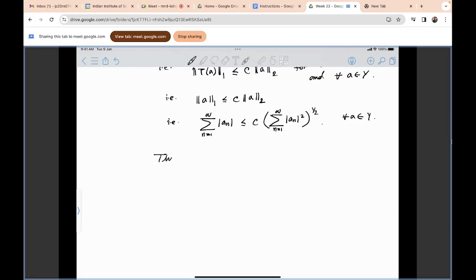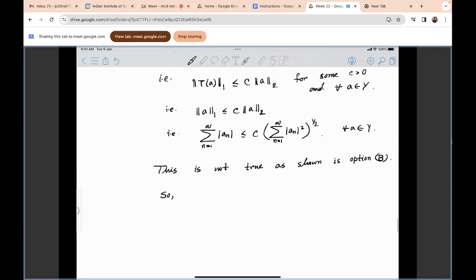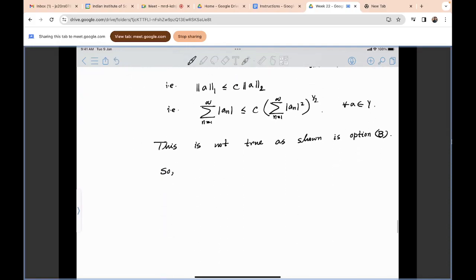So this is not true, as shown in option B. So this cannot hold, and T is not continuous.